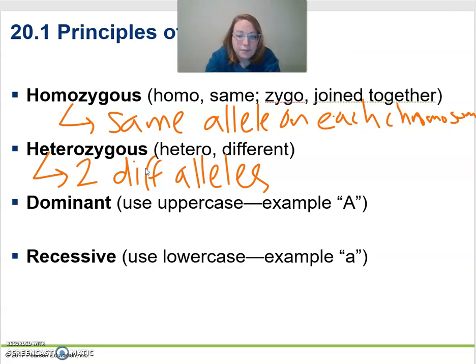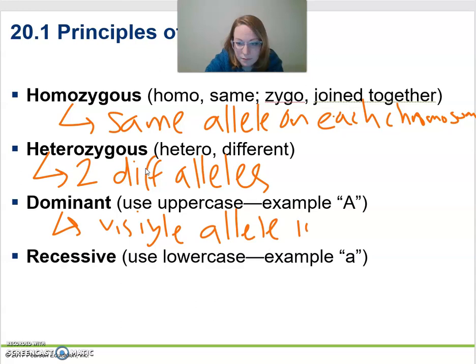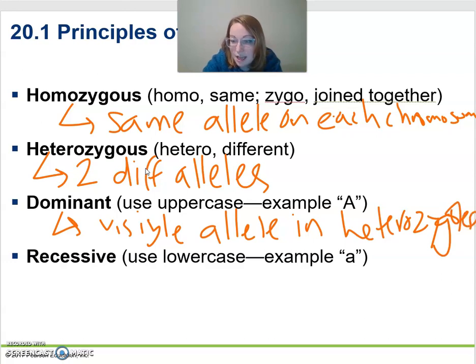So we would say freckles are dominant to non-freckle genes. And we'll look at this more in heterozygotes. And we give them a capital letter. Whereas recessive is the masked or not visible allele.